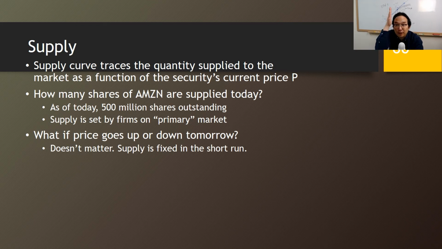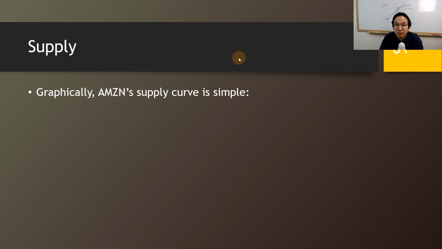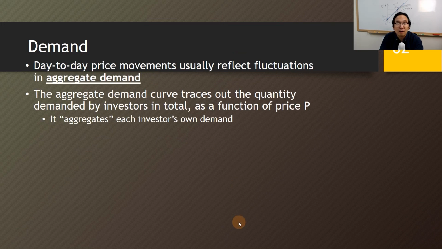Otherwise, it's fixed. Remember, just persuading one person is already a big challenge, and imagine that you have to convince those millions of shareholders. They won't say yes. So it's going to be fixed, and a vertical line will be there at 500 million shares outstanding.